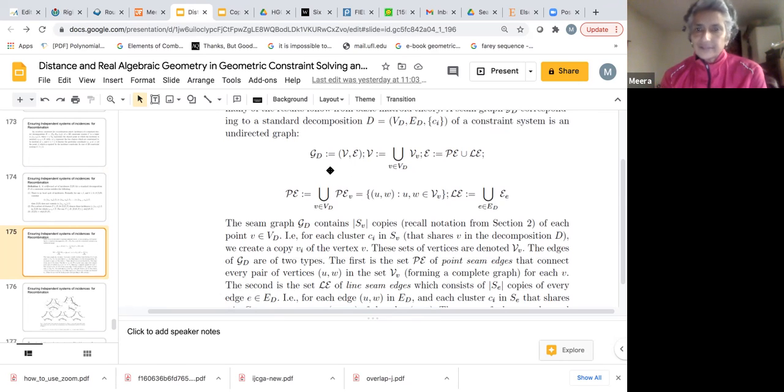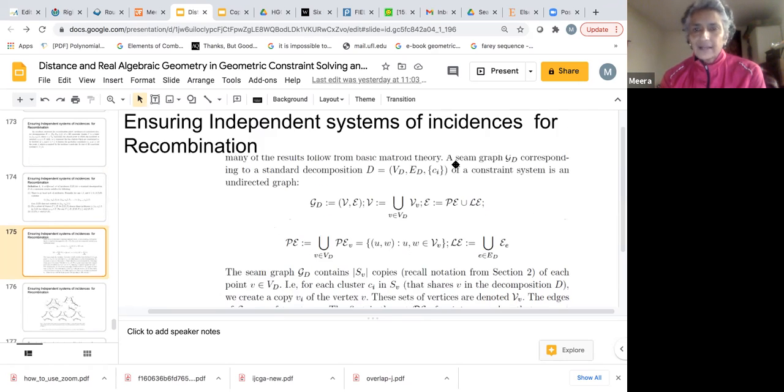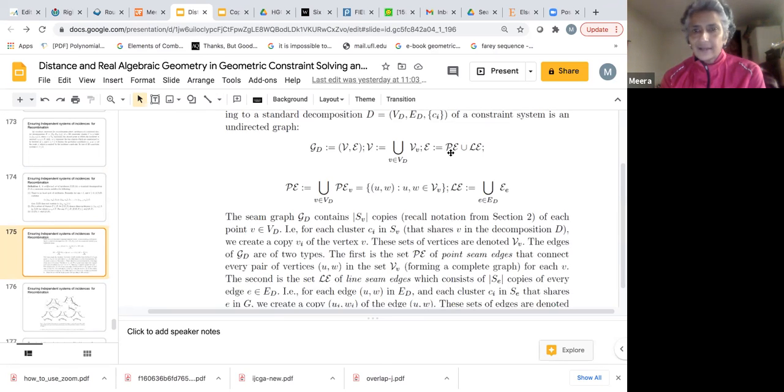And we're defining this graph where the set of vertices are all the vertices, and the set of edges are going to be PE union LE. That just means you're taking every vertex in all of the clusters, and you're simply taking all pairs that belong in V. We call these the point seam edges, and these are called the line seam edges.